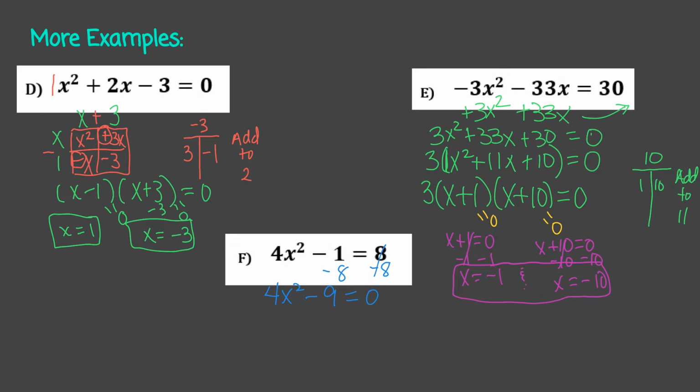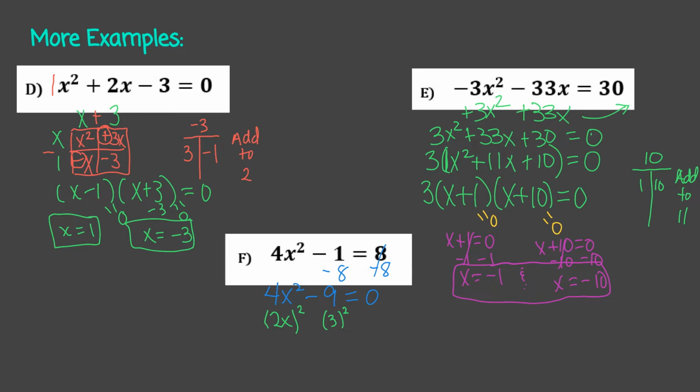I can't divide anything out of 4 and 9, but when it's a binomial, you want to look for that pattern of a difference of squares, which this is because you want to look for something squared that would give you 4x squared, and that would be 2x. Also look for something that squared would give you 9, and that would be 3.